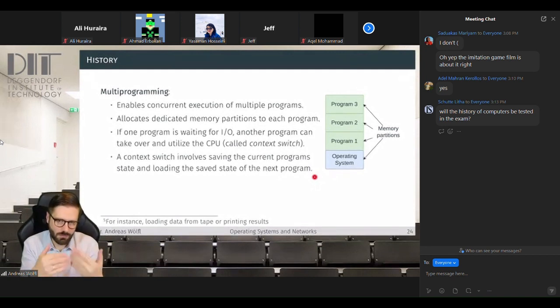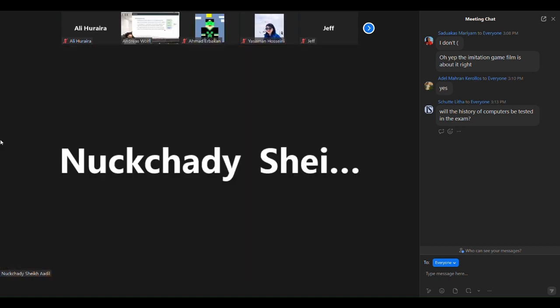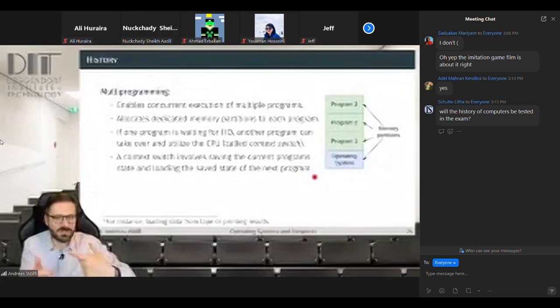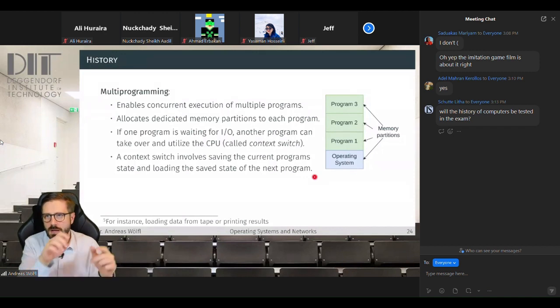What the computer does, when a context switch is performed, is save all the register values that are currently in the registers, put them into main memory, and load the register state of the next program from main memory and put the values into the registers. This takes a little bit of time, so context switches are not for free.